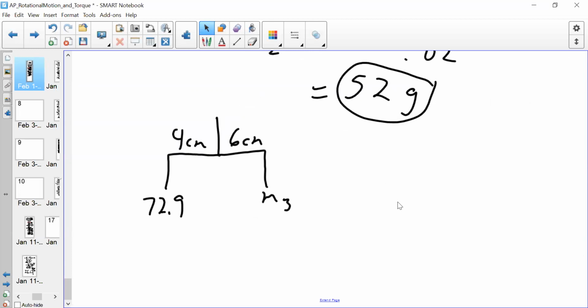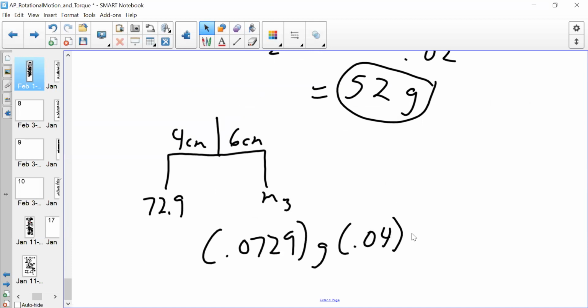72.9 counterclockwise torque, and then M3 has got clockwise torque. You can just set them equal to each other because you know that M3 is going to be a negative in the net torque equation equals 0. So put the negative on the other side, it becomes positive. So we have this, M3G.